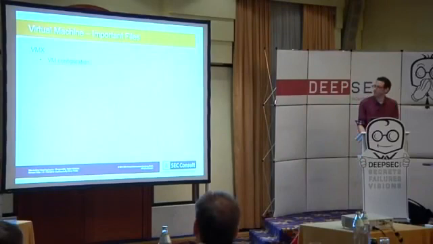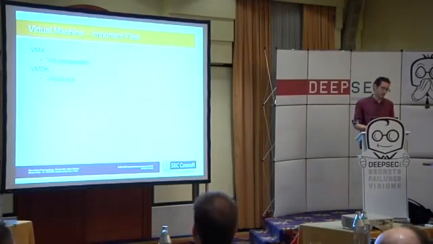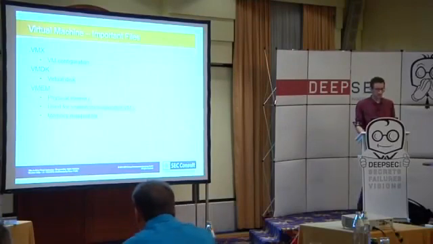I'm going to discuss some files that make up the virtual machine on the VM host side. So there's this VMX file, there's this VMDK file, which is the hard disk of the virtual machine, and there are the VMEM files.